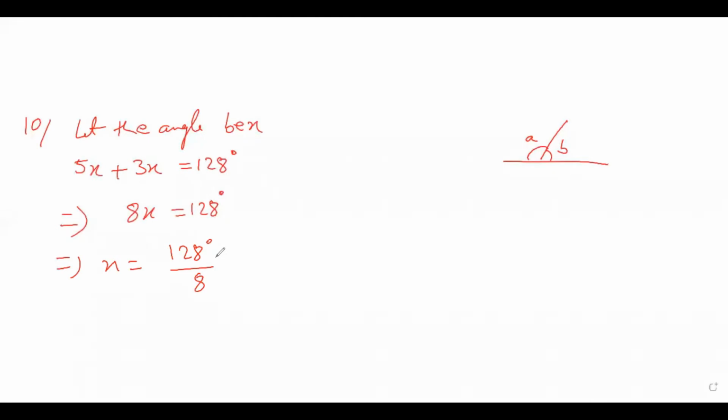If we divide 128 degree by 8, it will be 16. So what are the angles? The first angle is 5 into 16, 80 degree, and the second is 3 into 16, that is 48 degree. So these two are the angles. Write this solution first.